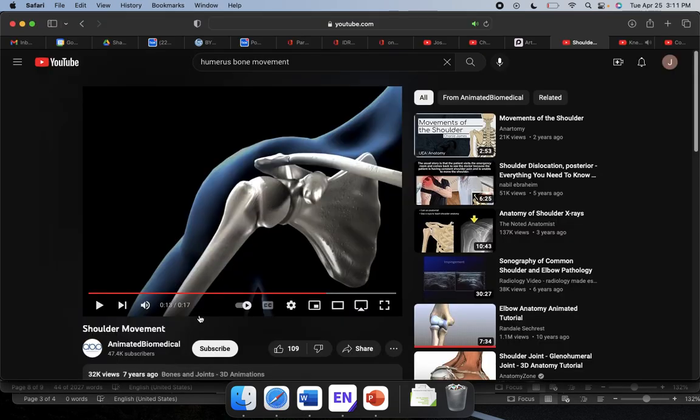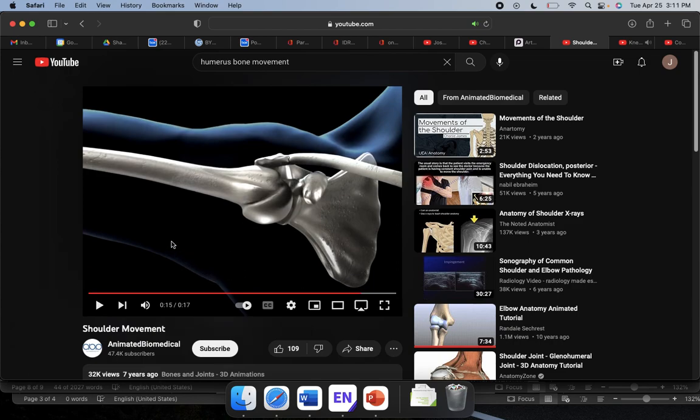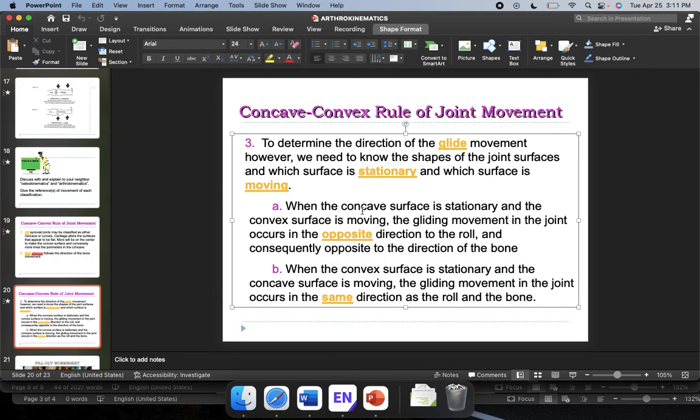This will be a frontal plane movement of abduction of the shoulder. The first thing we're going to establish is the roll. The roll here is going to be superior because the osteokinematic movement of this bone is superior. Coming back to our concave and convex rules, we know that if our convex surface is the moving bone, then the gliding movement of the joint is going to be opposite.